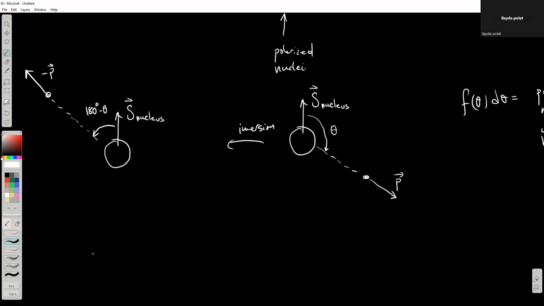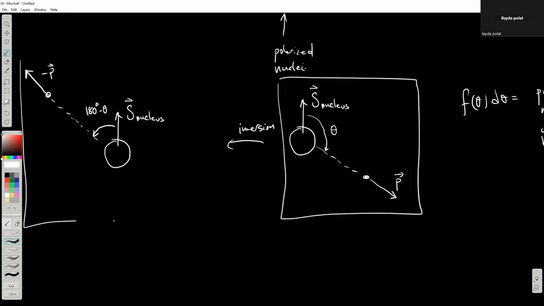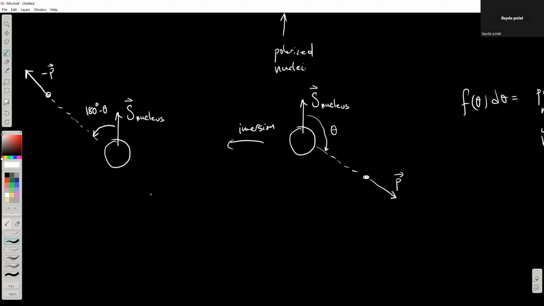In any case, if the weak interactions had inversion symmetry, in that case, the probability of this picture and the probability of this inversion symmetric picture should be equal to each other, right? Because of the symmetry.